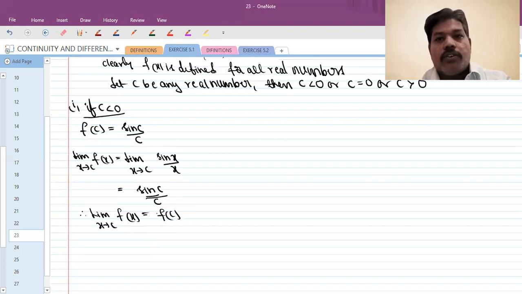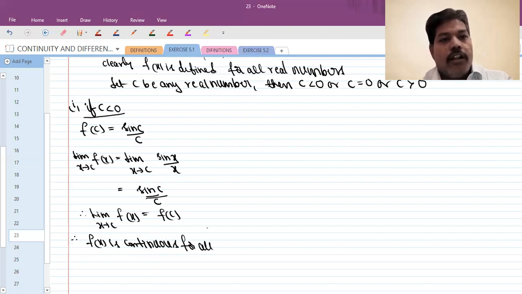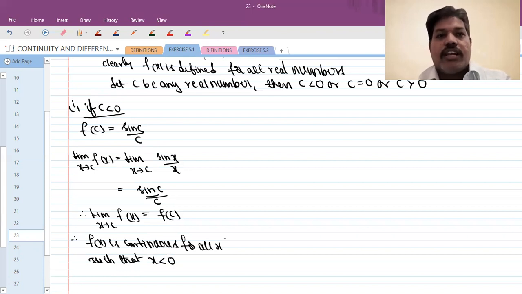Therefore f of x is continuous for all x such that x is less than 0. The function is continuous.